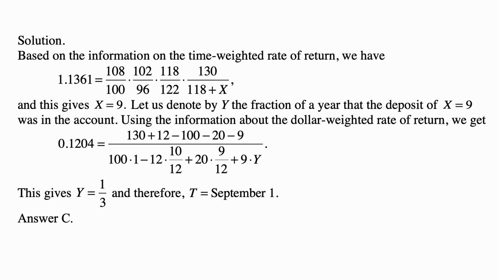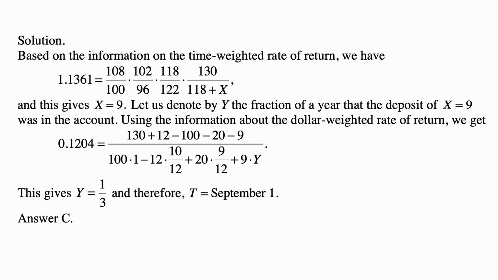In the first period, 100 goes to 108. In the second period, 96 goes to 102. In the third period, 122 goes to 118. So you can see that that's the first time that the value of the account declines because of negative rate of return in that period.